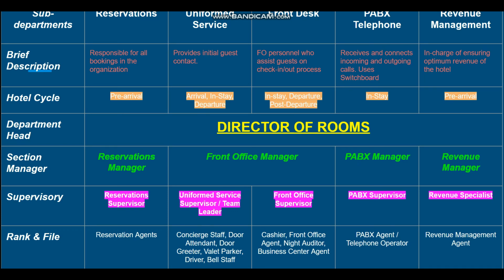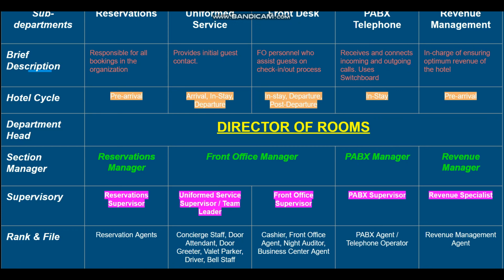There's also another rank and file employee under reservations who focuses on online reservations, since right now we have online reservations. They book through the OTAs, the online travel agencies. We also have the GDS, the global distribution systems, so they focus on that.